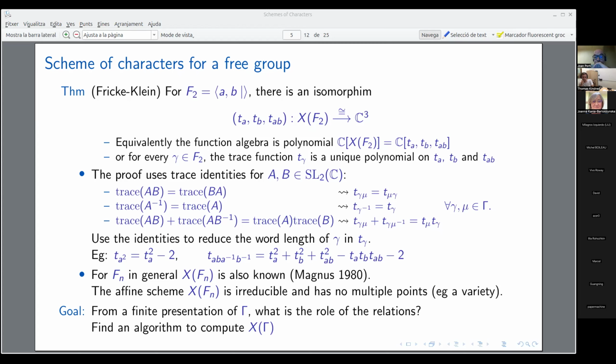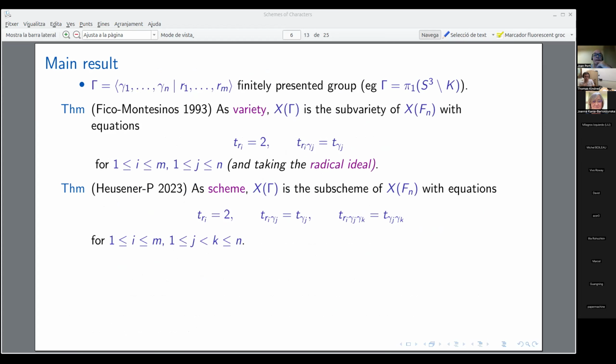Okay, and this question was solved by Montesinos 30 years ago, Montesinos and González Acuña. In fact, they didn't care about the schemes at all. But I remember that Montesinos said, okay, there is all this theory, but what I want is to compute a guy explicitly. I have some equations and so on. So what González Acuña and José María Montesinos did is, okay, I don't care about multiple points.